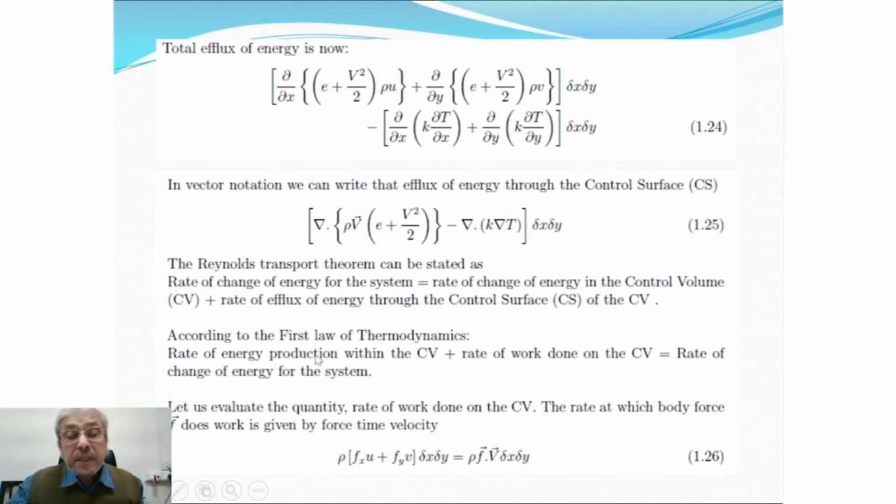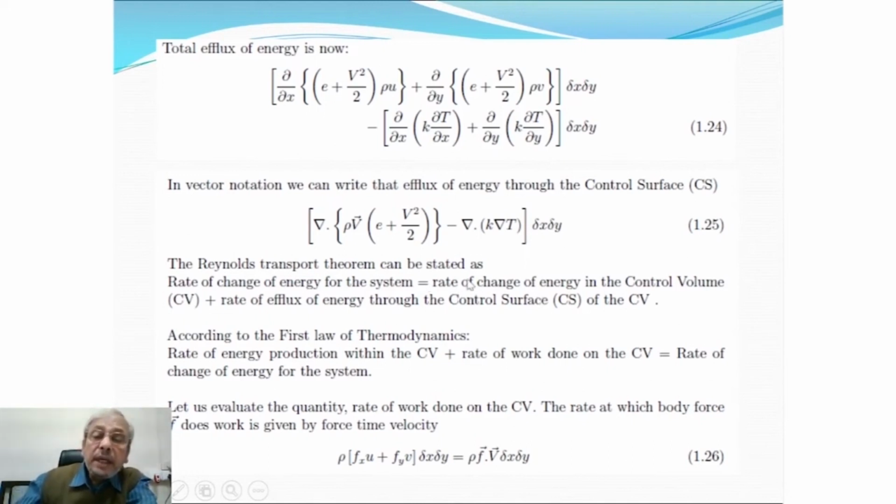Now, when we write the first law of thermodynamics, if we can calculate the rate of energy production in the control volume and the rate of work done on the control volume, then we can equate that with the rate of change of energy for the system. And that can be equated with the right hand side of the Reynolds transport theorem. And that completes our task.